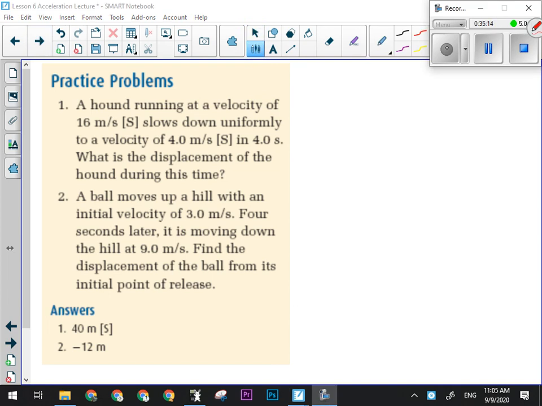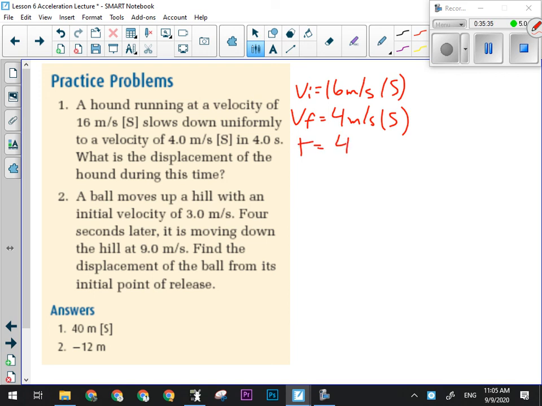So for number 1, we have a hound running at a velocity of 16 meters per second south. It slows down uniformly to a velocity of 4 meters per second south in 4 seconds. What's the displacement of the hound during this time? So once again, I don't need to do any manipulation.